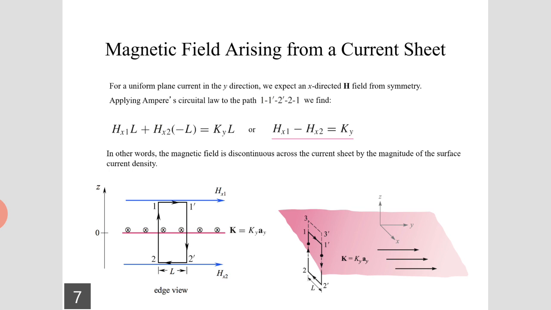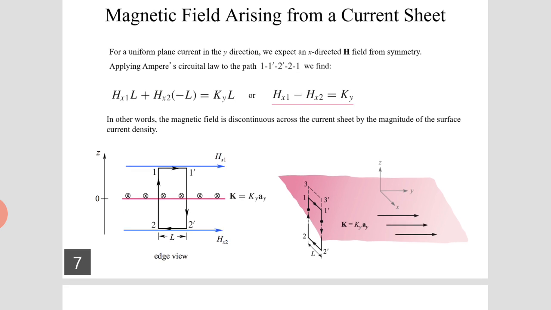In other words, the magnetic field is discontinuous across the current sheet by the magnitude of the surface current density. So this is the magnetic field intensity along the current sheet, that is Hx1 minus Hx2 is equal to Ky in this slide, right?